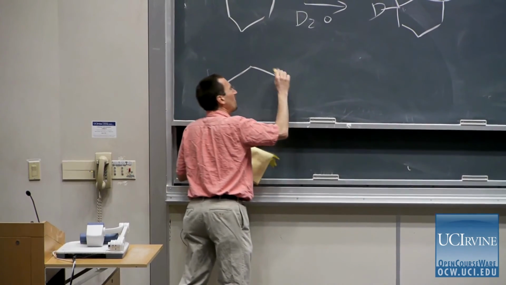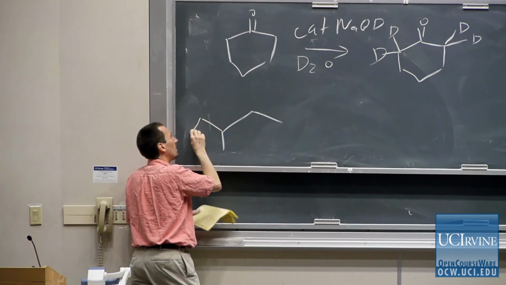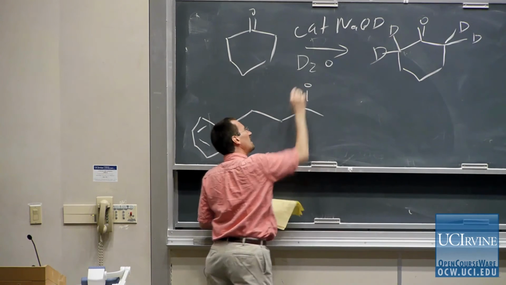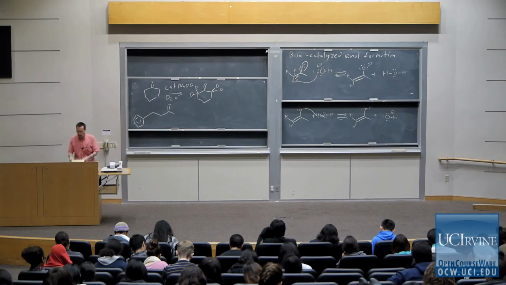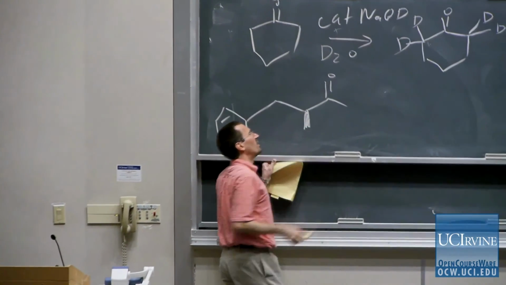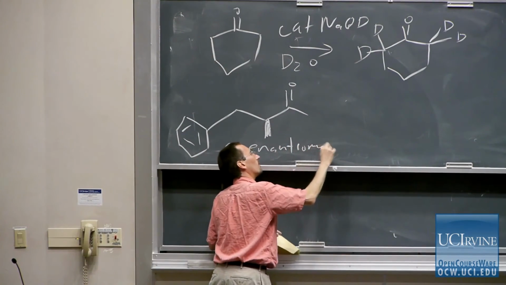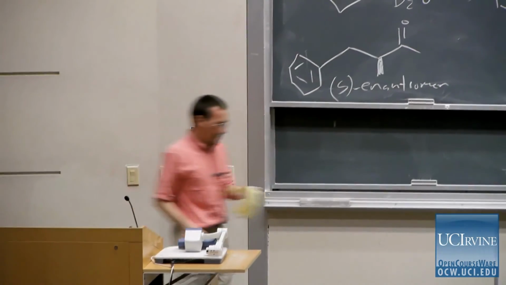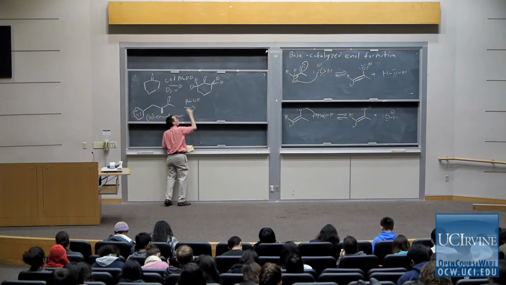Similarly, if I imagined for a moment that I had something that had chirality at the alpha position, let's imagine I have this ketone where I have a methyl group. And let's say that I have just the S enantiomer. And I treat this ketone with sodium hydroxide in water, since we're talking enolate chemistry.